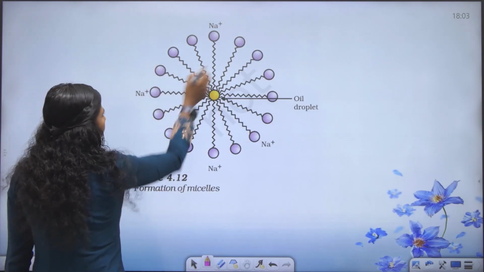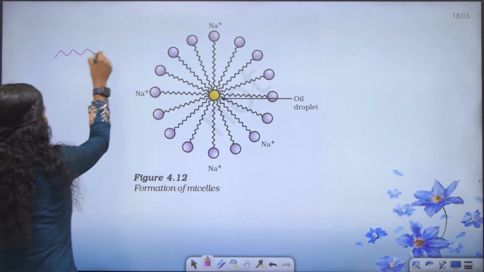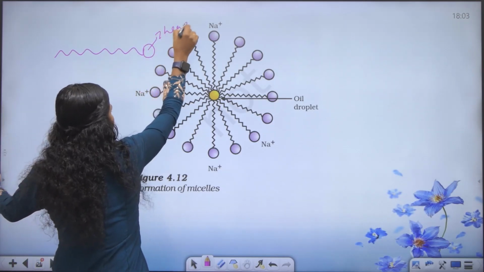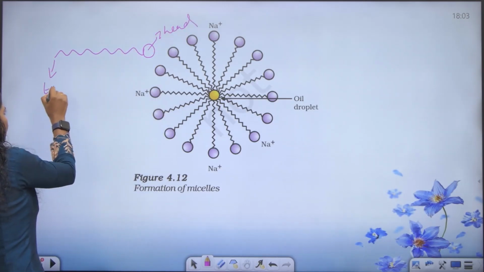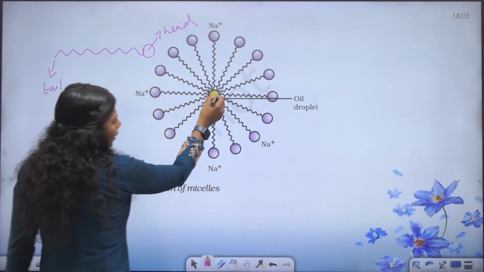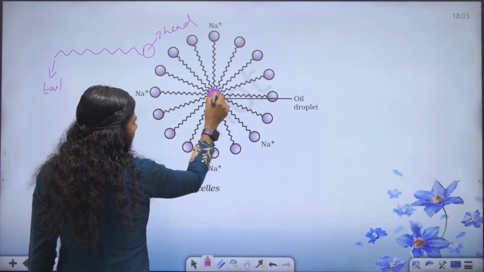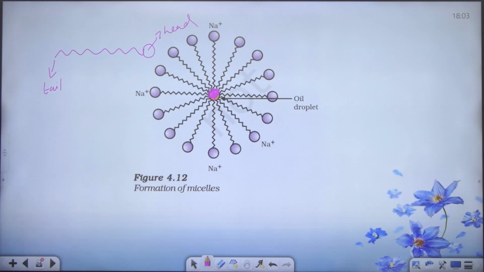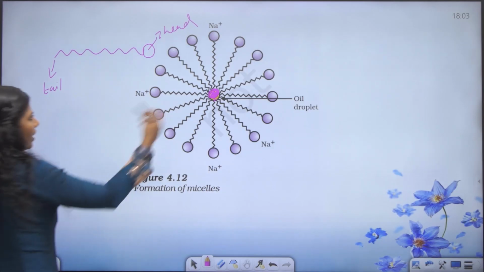See the soap molecule. This is the head portion and this is the tail portion, and the tail portion is attached to the oil droplet or grease particle, and the head portion is outward from the oil droplet, towards the water. The tail portion is the hydrophobic part, that means the water repellent part.